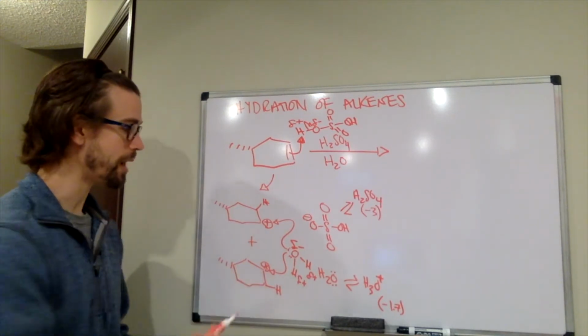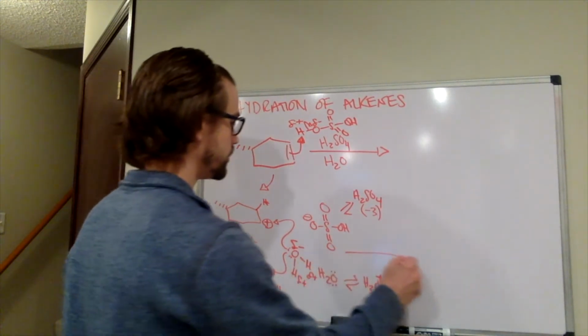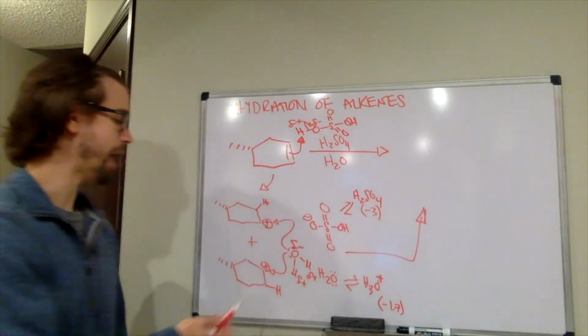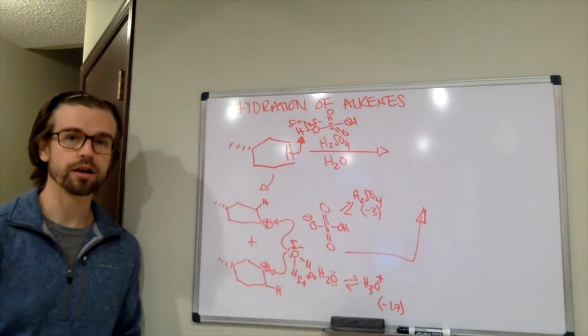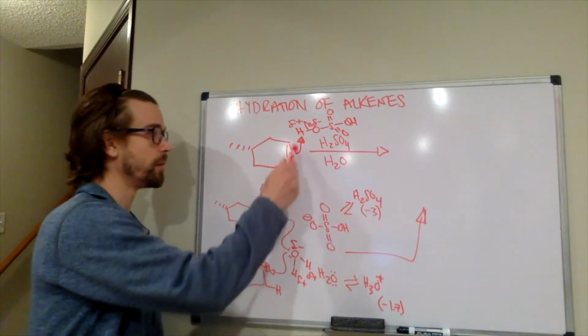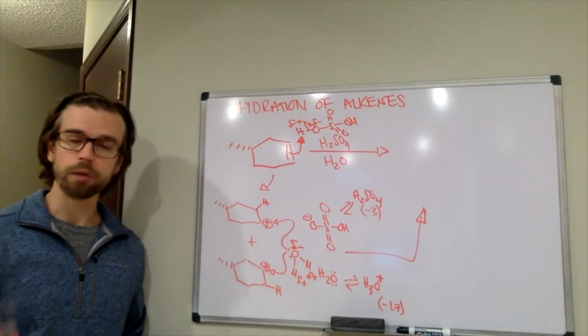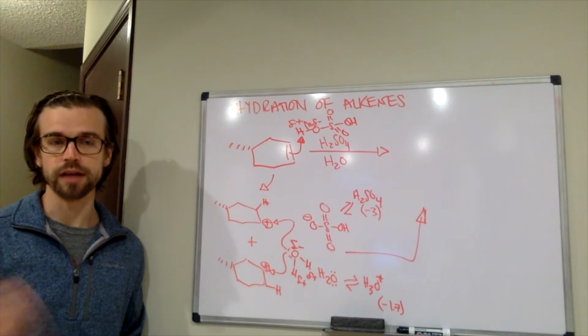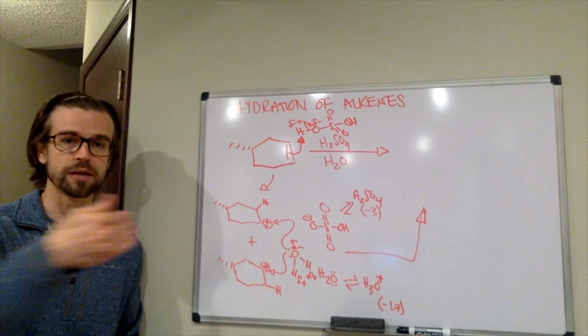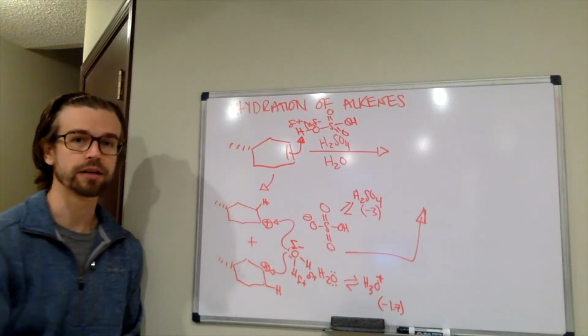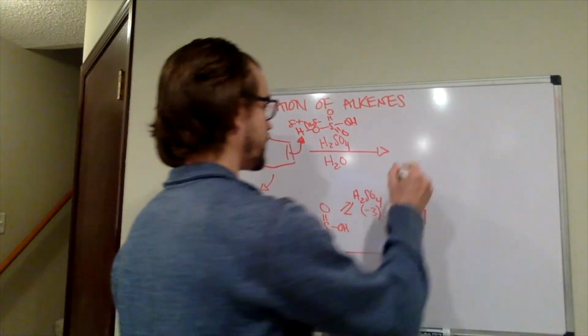So the negative flows to the positive, and in that case, it's going to add to two different locations on the molecule, both that carbon and that carbon. Is it going to add to the top, the back, or both? Both, right? It's an empty p orbital, so it's just as empty on the top as it is on the back face.